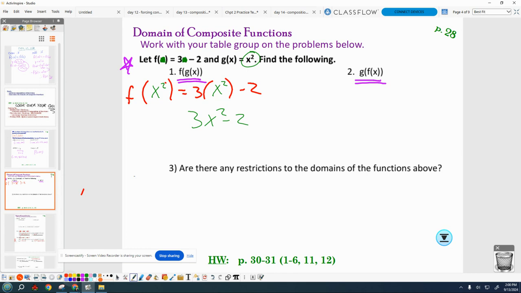Eden, what do I do for G of F of X? You'll plug in 3x minus 2. Okay, so instead of F of X, it's 3x minus 2, and I chose the same color.